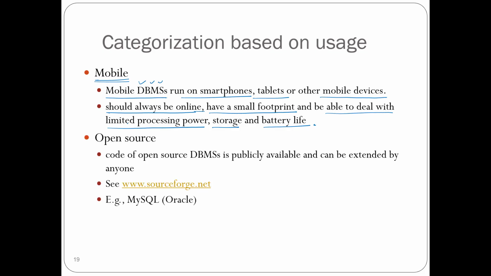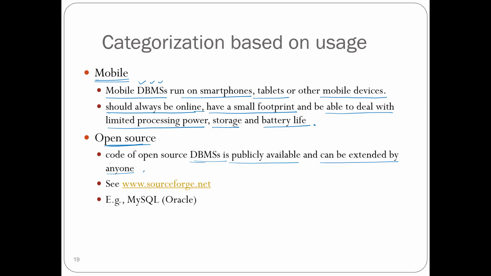Then we have the open source DBMS. Open source DBMS are publicly available, like MySQL. The advantage with open source DBMS is that we don't need to pay for them. Another extremely useful feature is that they can be extended by anyone.